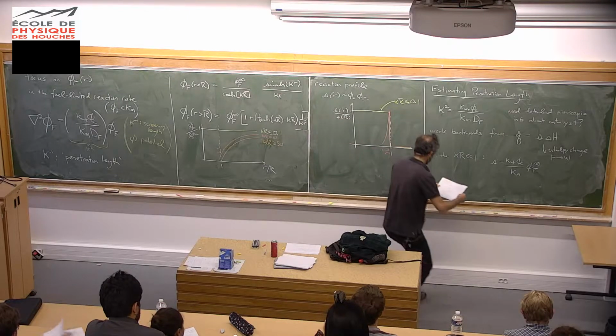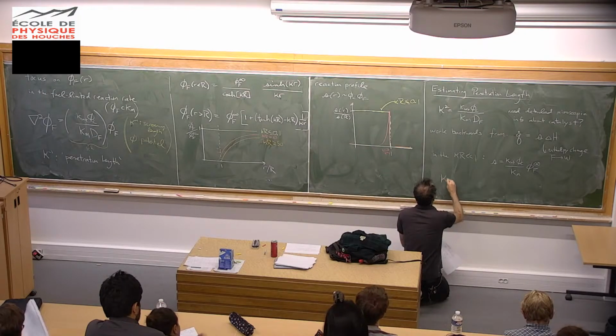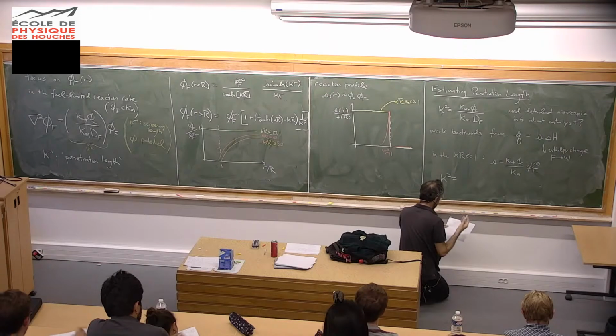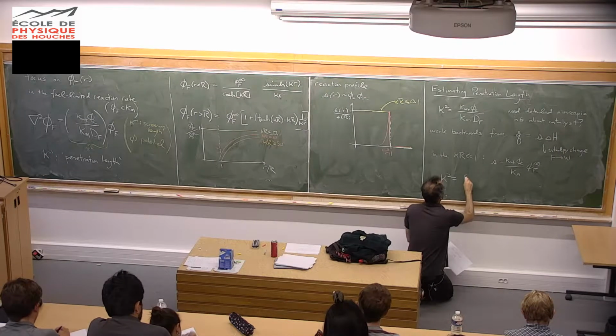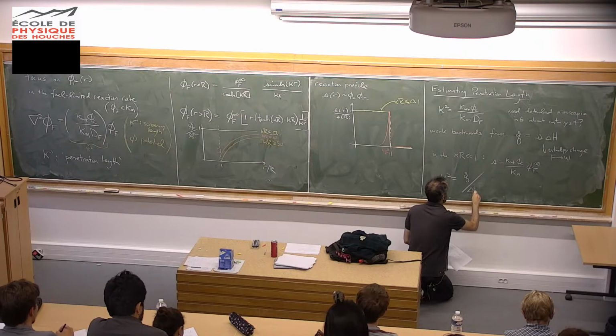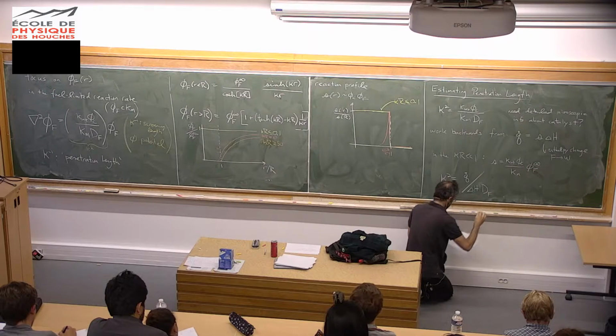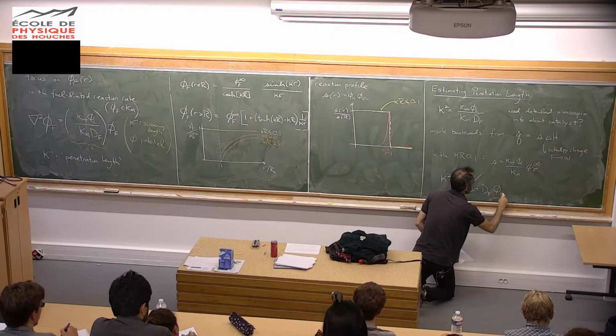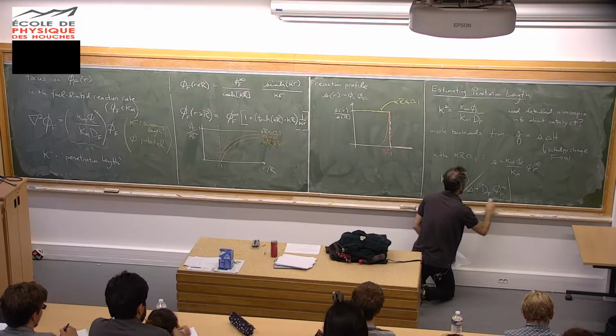And I get that the square of the penetration length, or kappa squared, is just equal to q dot divided by the change in enthalpy associated with the source of heat times the diffusion coefficient of the fuel times the concentration of the fuel at infinity, okay?